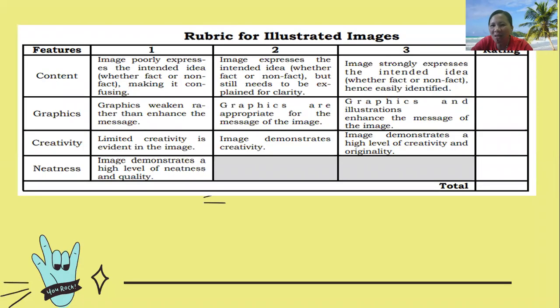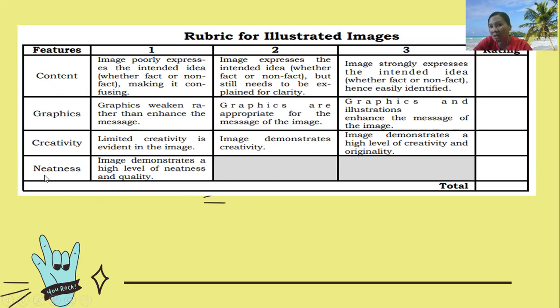Here is the rubric for the illustrated image. Of course, the content. If you want to get 3, the image strongly expresses the intended idea, whether fact or non-fact, hence easily identified. Graphics and illustration enhance the message of the image. It must be great. For creativity, the image demonstrates a high level of creativity and originality.